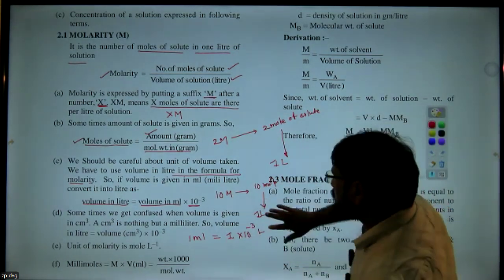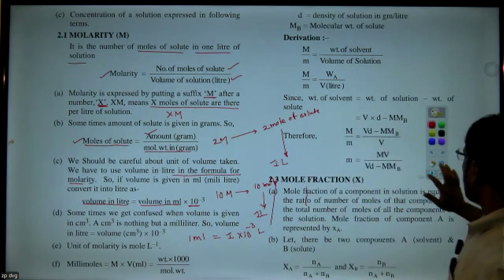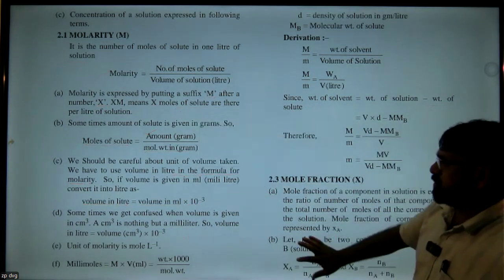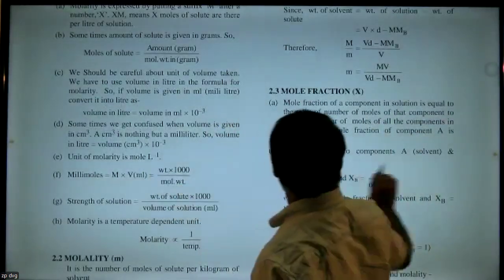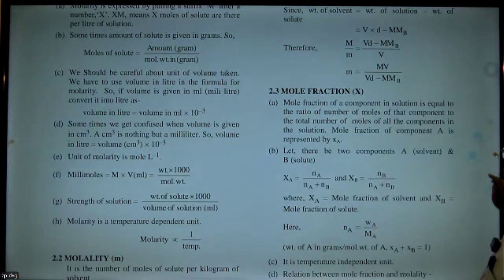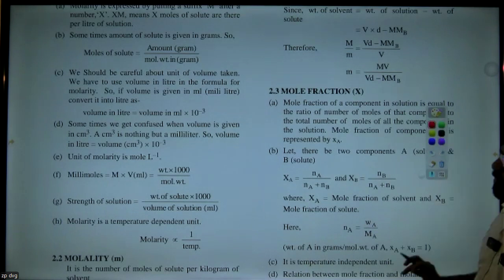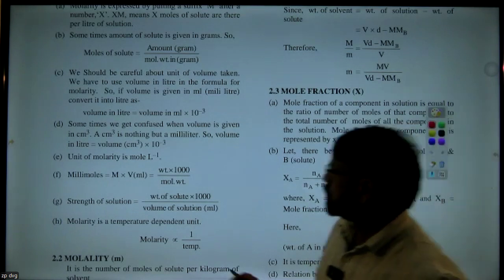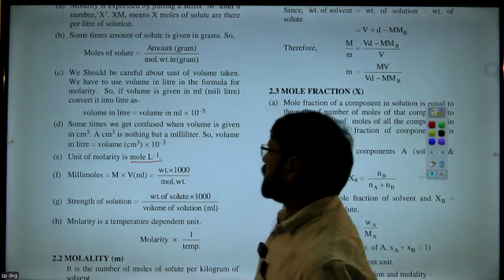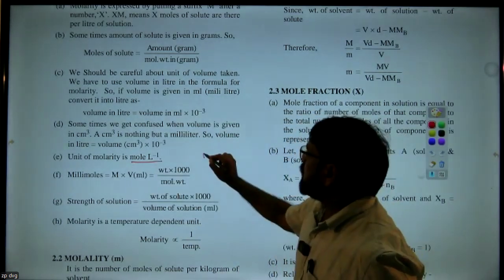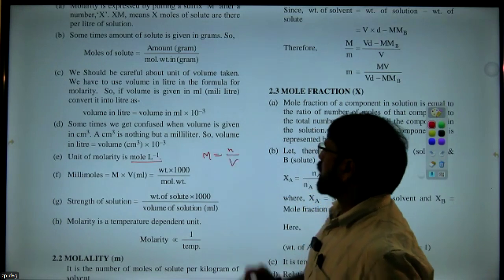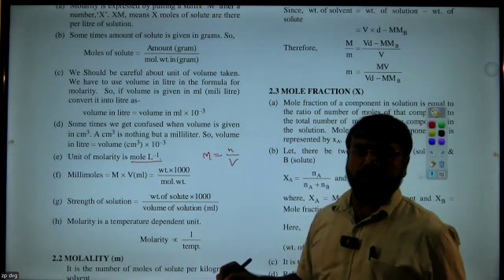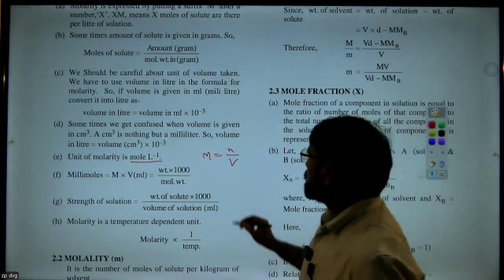So what are the units of molarity? The unit of molarity is mole per liter. Molarity is equal to N by V, number of moles by volume in liters.